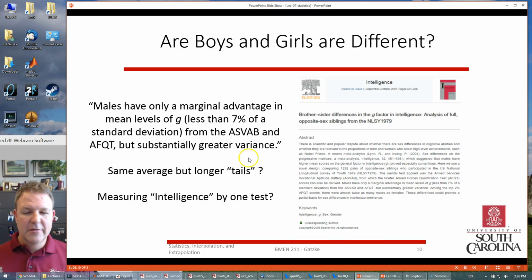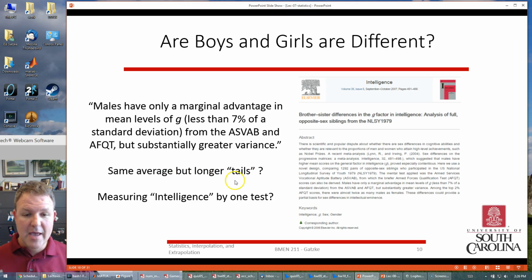Now, something interesting, a lot of people have tried to use statistics to prove things. It's not necessarily a great area, but there are papers. Here's an example of a paper looking at test scores for ASVAB, which is a military testing to see what your capabilities for military are. The males and females in this study were basically the same average, but they had different distributions.